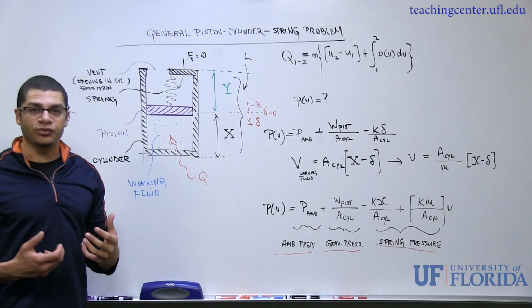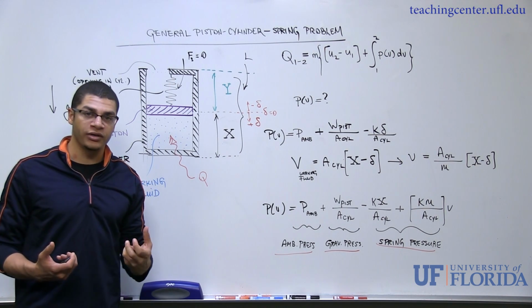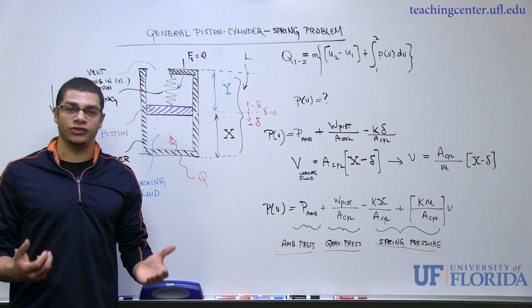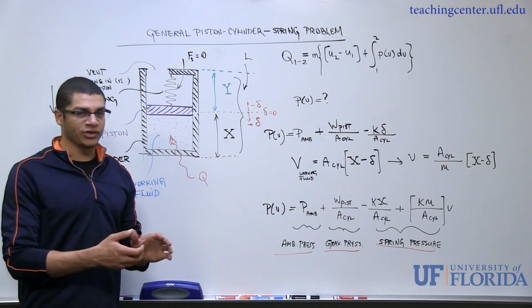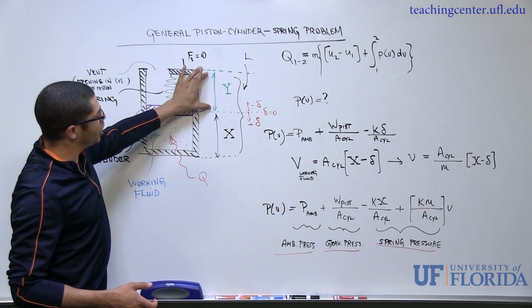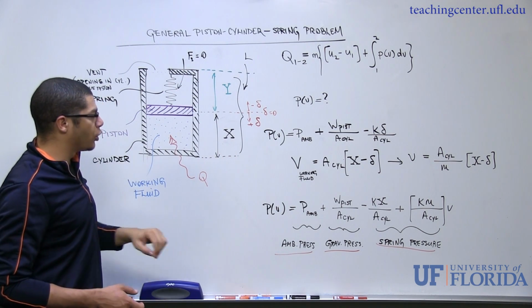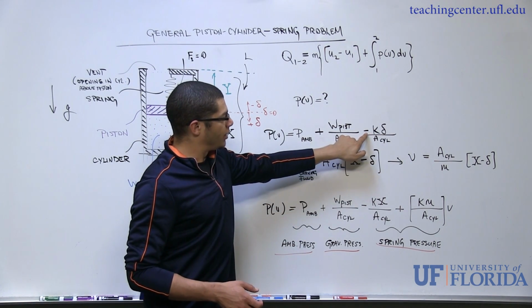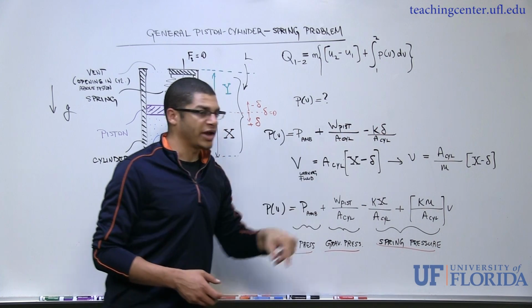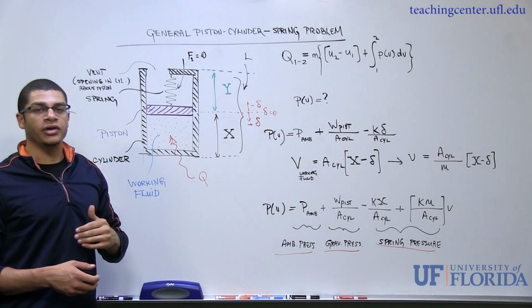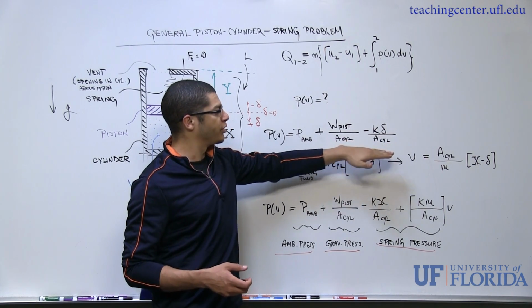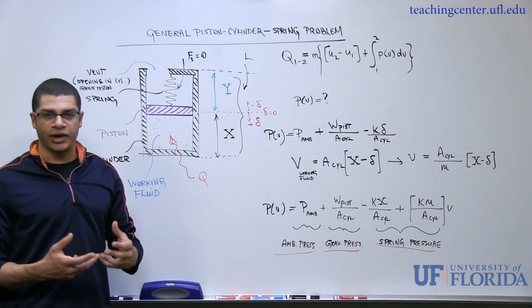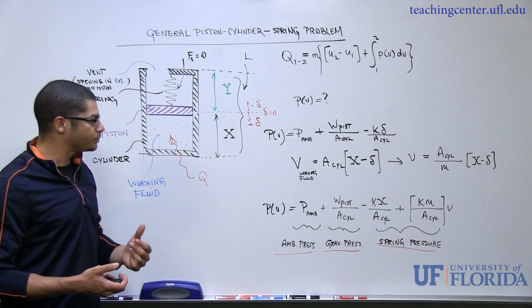I've made the assumption that the spring is a conventional linear spring, so the magnitude of its force is directly proportional to its deflection from equilibrium, or its equilibrium length. So any deviation from y. And so I've inserted here minus k delta as the spring force, and then normalize that or divide it by the cylindrical cross-sectional area of the assembly in order to get a spring pressure, or effective spring pressure.